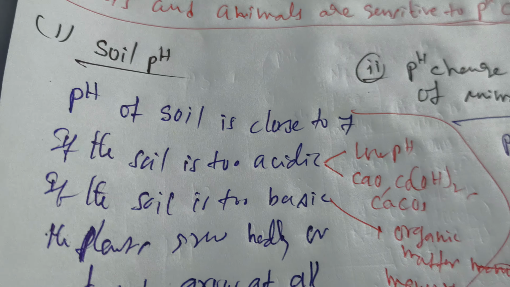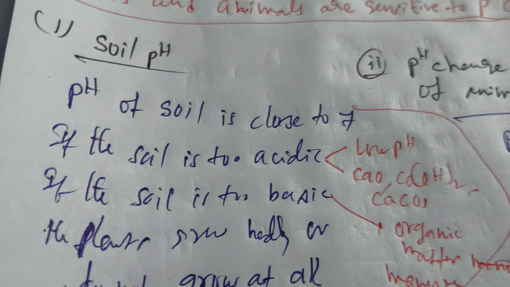As we know that plants grow best when the soil pH is close to 7. By cultivating crops, by adding so many chemical manures, insecticides, pesticides, whatever, there will be a change in the pH of the soil.